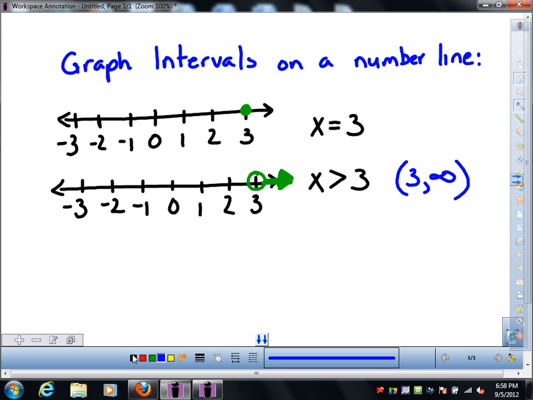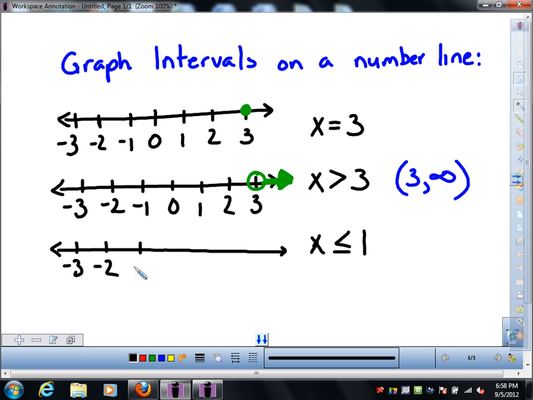Let's do another one. What if I wanted to do x is less than or equal to 1? Well, we would put our number line down, the typical one that we're used to making, with the usual integers. And I'll show you a shortcut for this in just a second. So here are our typical integers.